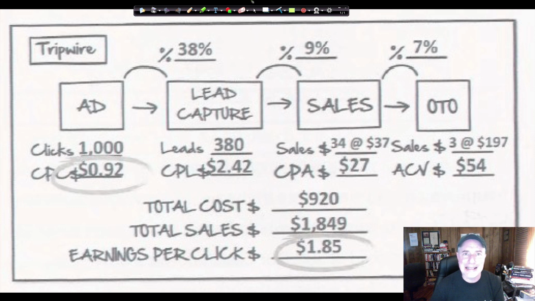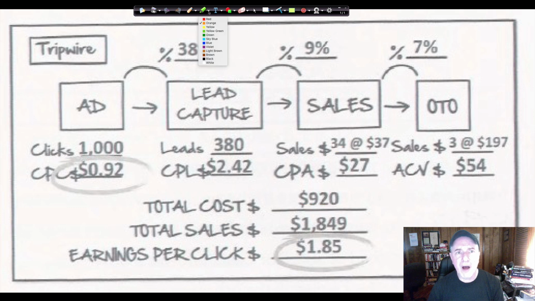You take the 920 and divide that by the total number of sales, which gives you 27. So the cost per acquisition is calculated by taking the total cost divided by the total number of sales. It's costing you roughly $27 to do an acquisition here.